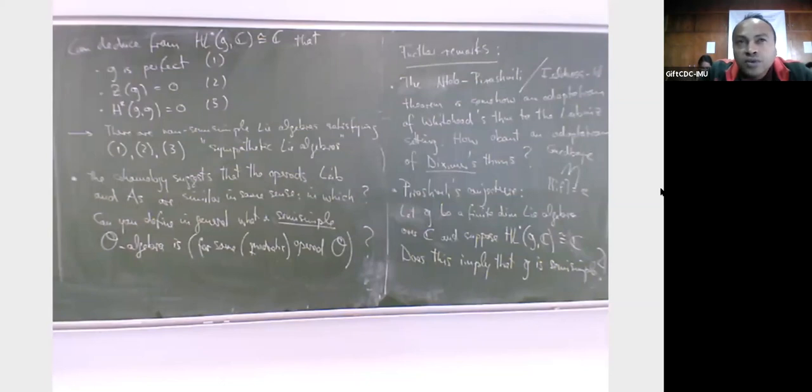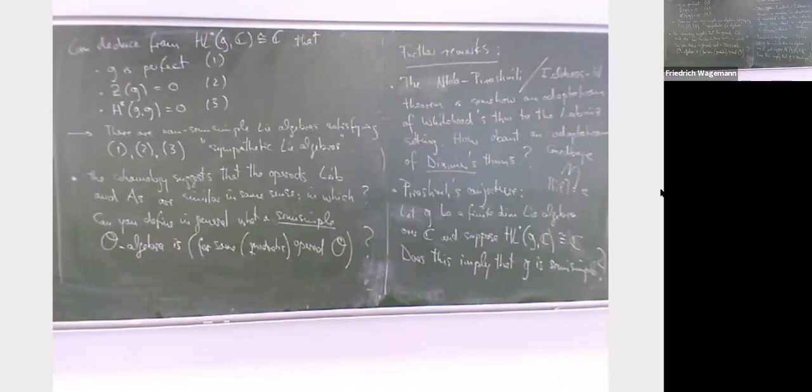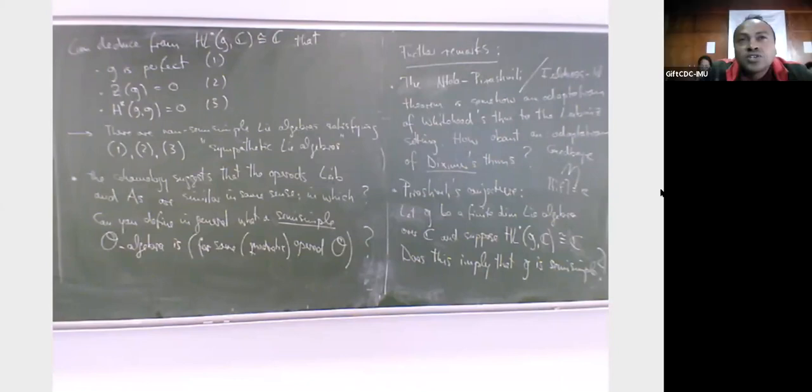I see the Pirashvili conjecture said that G is a finite dimensional Lie algebra. Is there any variant of this conjecture for infinite dimensional Lie algebras?